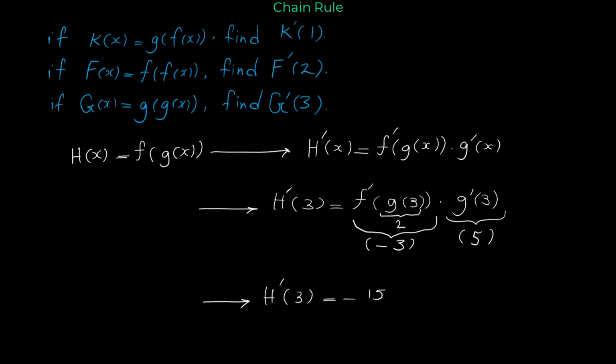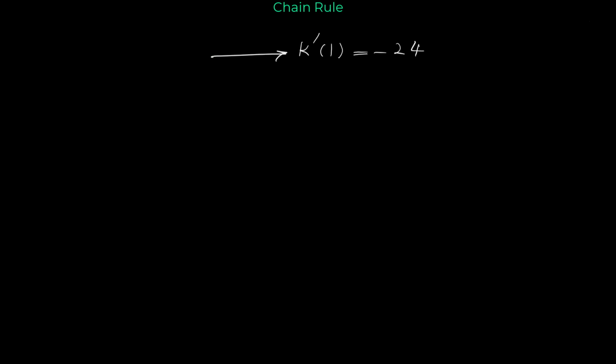Now we have this one, capital F of x equals f of f of x. Find F prime of 2. First, we have to find F prime of x, the derivative of the function. For finding the derivative, we have to use the chain rule again.